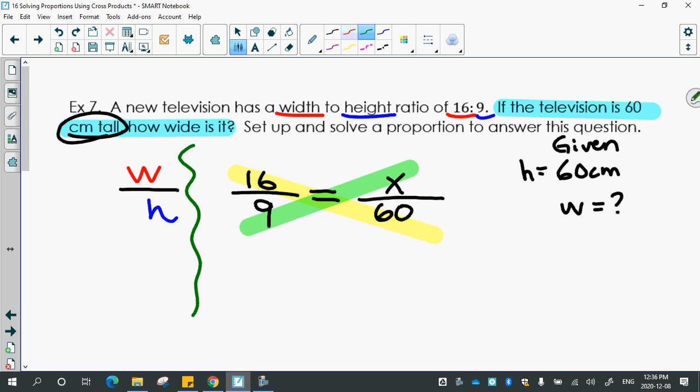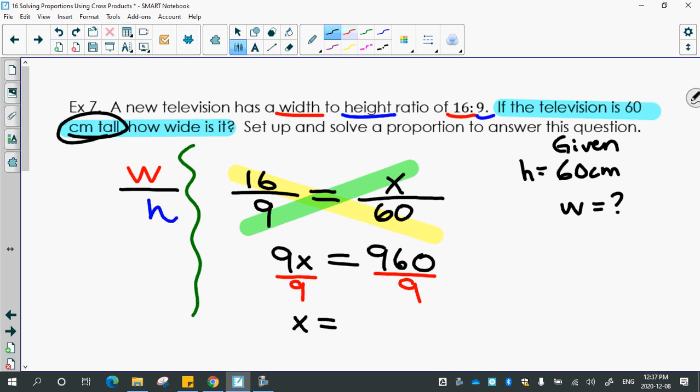Good question. All right, so find my x, cross multiply, so 9x equals 60 times 16, 960. Divide by 9.